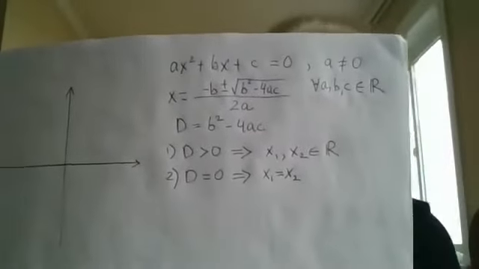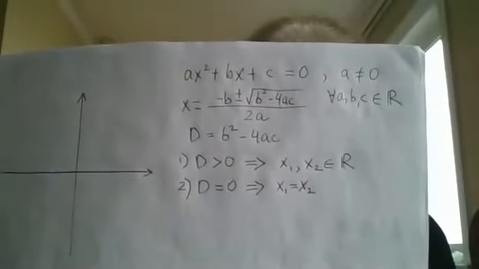And definitely you can use the quadratic formula, but what can you expect in this case? These two values, x1 and x2, will be equal to each other all the time.